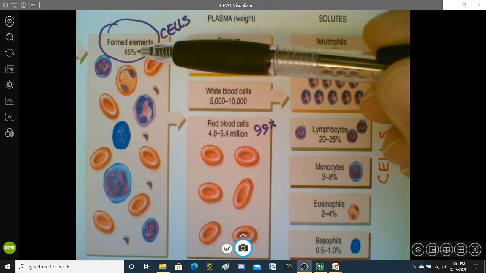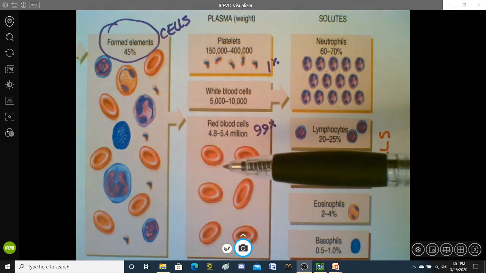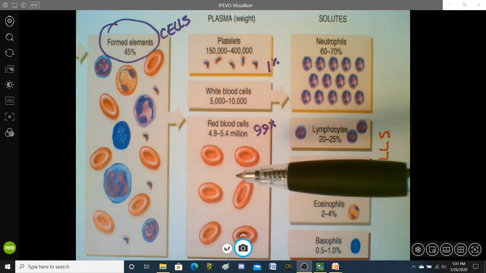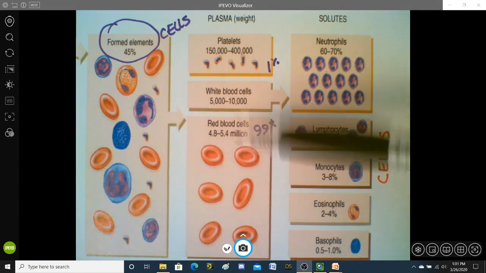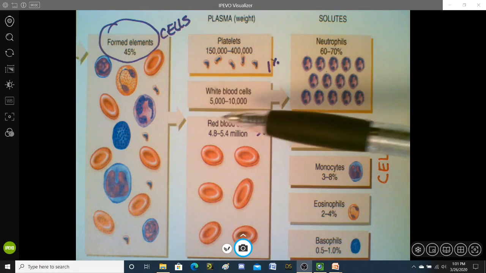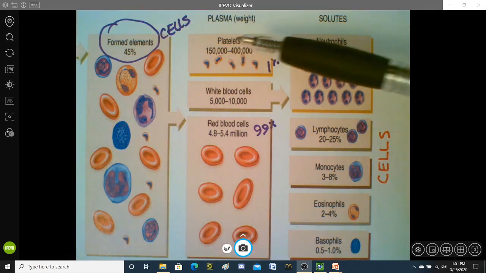So these formed elements are all the cells of the blood. Now, if we break them down, there are three types of cells. We have red blood cells, or erythrocytes. We have white blood cells, or leukocytes. And then we have platelets, which are technically called thrombocytes.